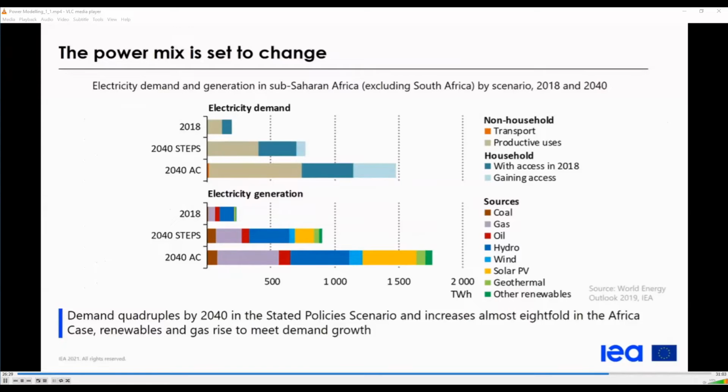Here on the top, we can see the evolving demand over the period and for different scenarios, and how electricity is generated, what are the different sources of electricity in those three scenarios, the stated policy scenario, the Africa case. We can see clearly that in the Africa case, demand increases almost eightfold, and here gas, wind, and solar are meeting most of the demand growth.